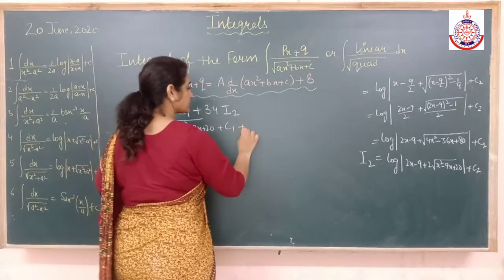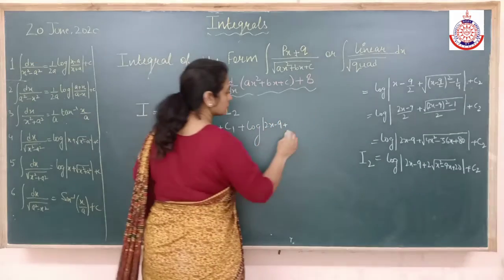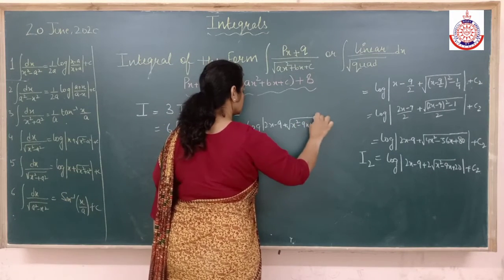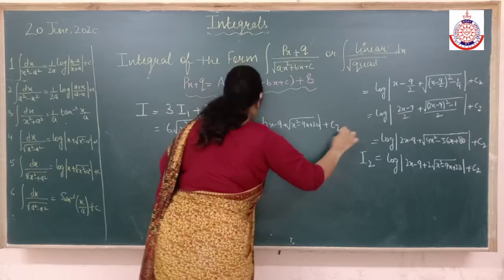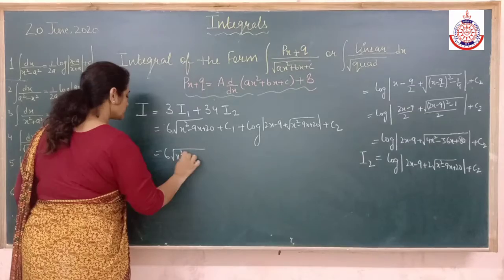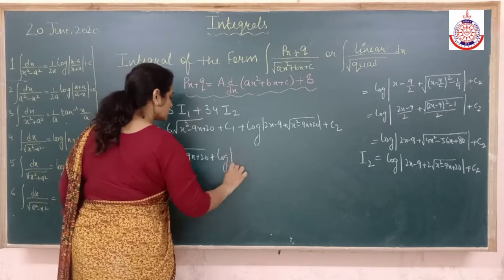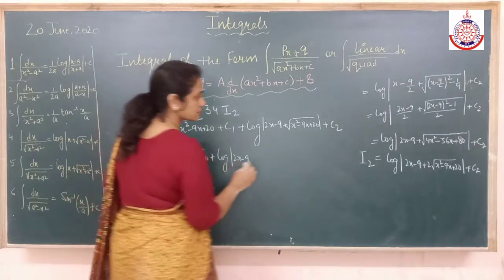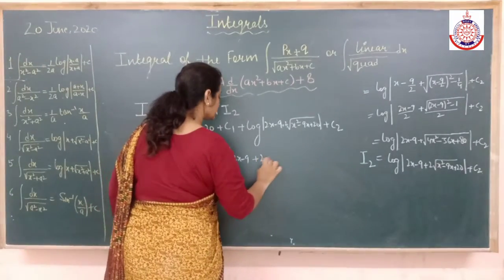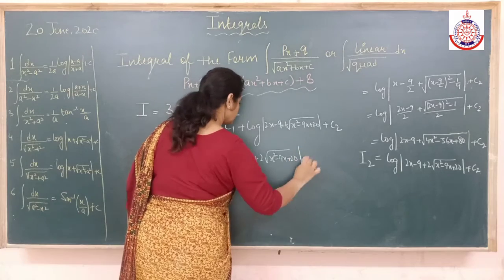I2. C1 plus C2 will again give you a constant. There's a 2 here.